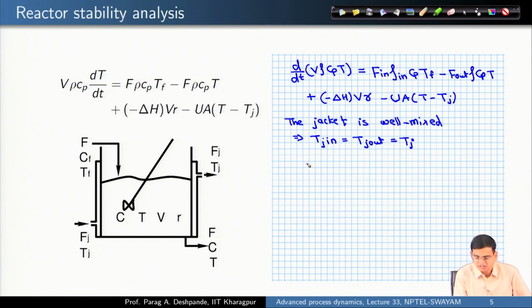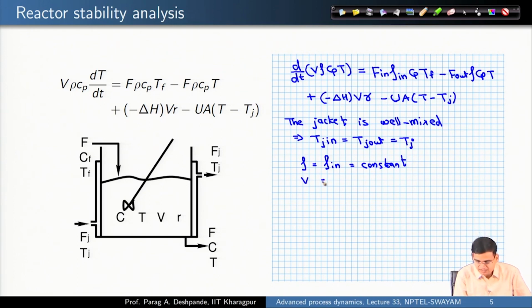What else do you assume? You have assumed constant density. So, rho is equal to rho in as a constant. This you have established in the previous balance.